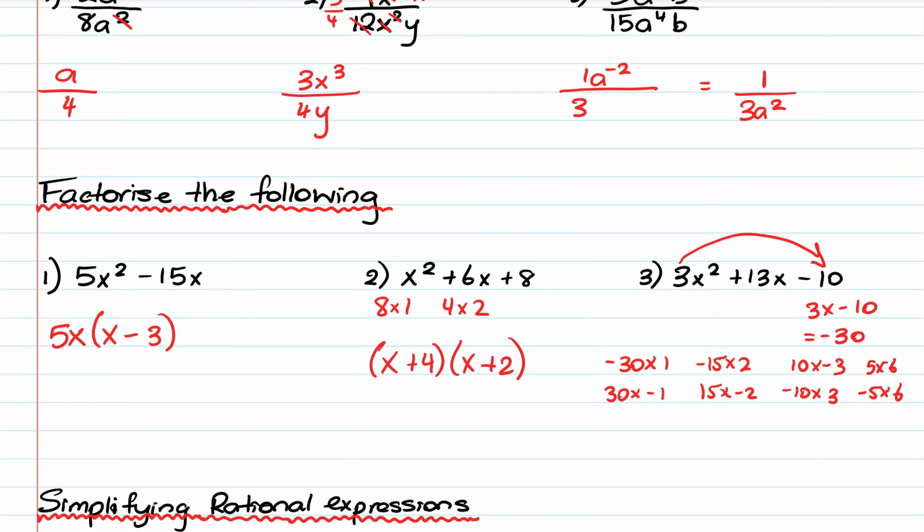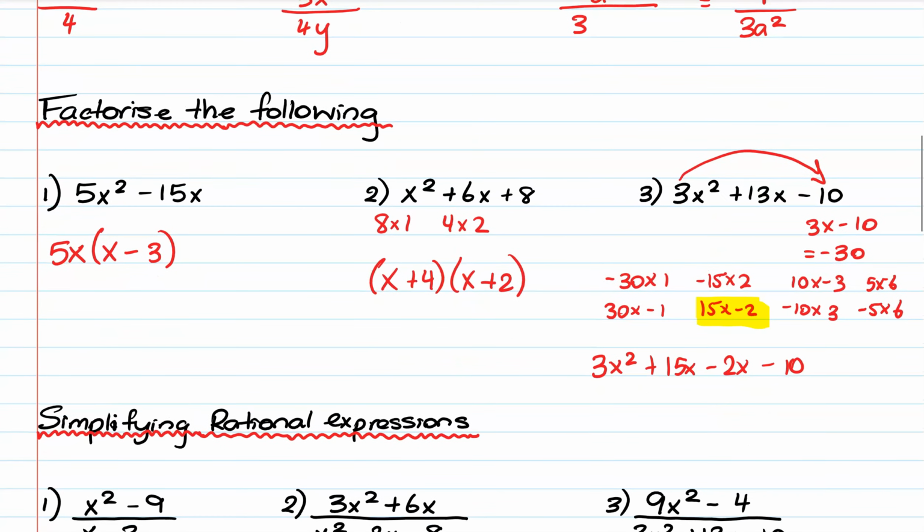Now if I look over here, well 15 plus, or minus 2 is 13. So I can split this up. I can write this as 3x squared plus 15x minus 2x minus 10. So I split up the middle term and then I factorize in groups.